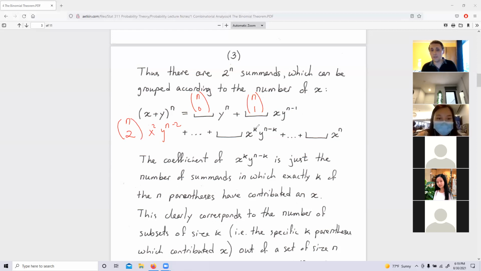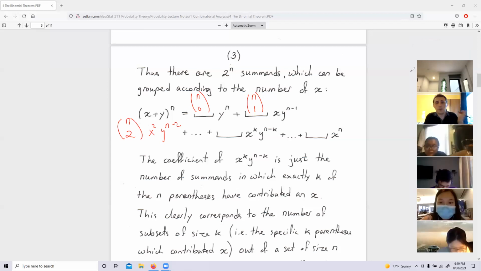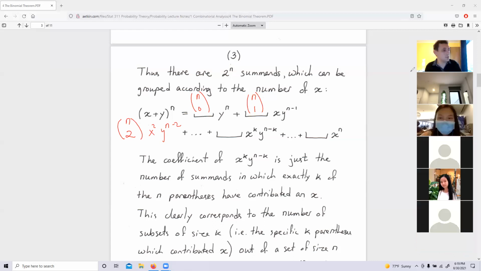And in general, instead of writing n choose 0, n choose 1, n choose 2, I just say, if you want to know what's the coefficient next to x to the power of 5, that would be n choose 5. And the coefficient next to x to the power of 7 will be n choose 7. Yes? So the coefficient in general is of the form n choose k.